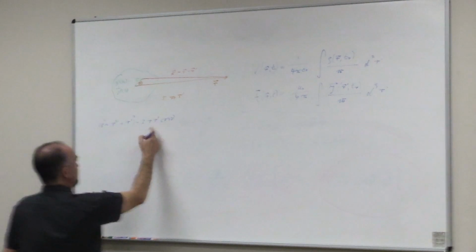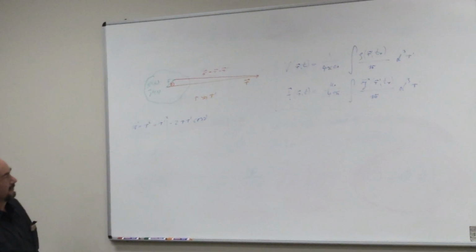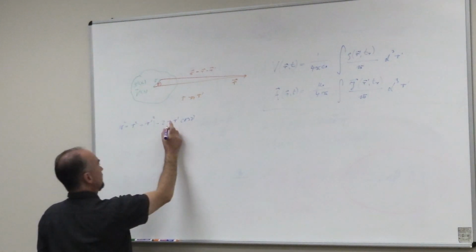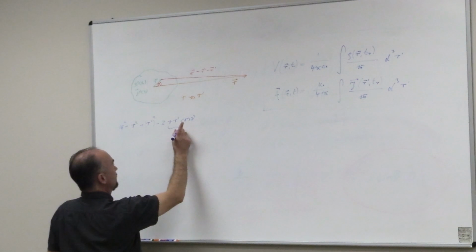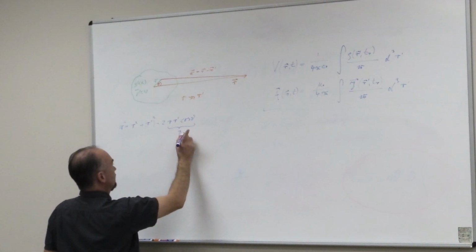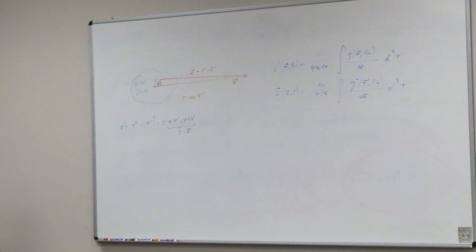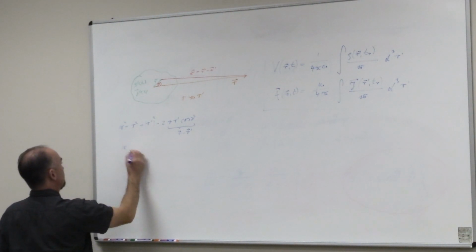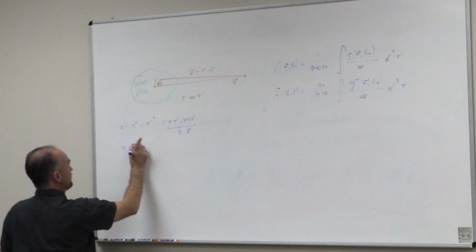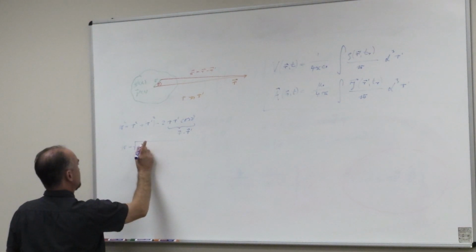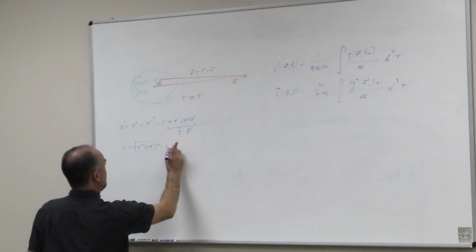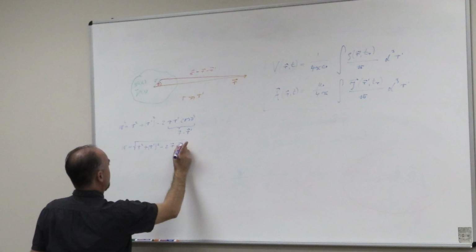But r prime cosine theta is actually just the vector dot product here. This thing is just r-hat dot r prime. So we know that the length script r is then just the square root of r squared plus r prime squared minus 2 r-hat dot r prime.